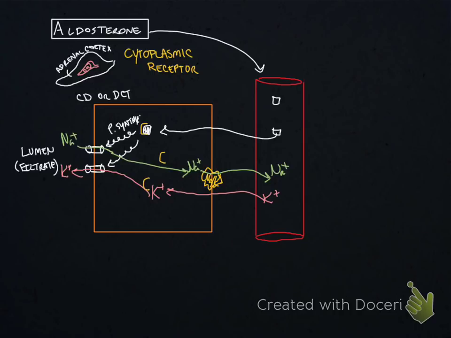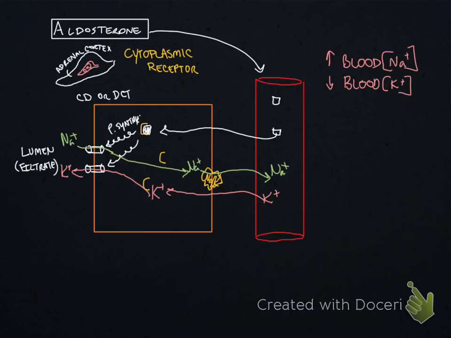Potassium gets pumped into the distal convoluted or collecting duct. So one of the side effects of aldosterone is potassium secretion. It gets dumped from the blood into the filtrate. So aldosterone increases blood concentration of sodium, but decreases blood concentration of potassium.